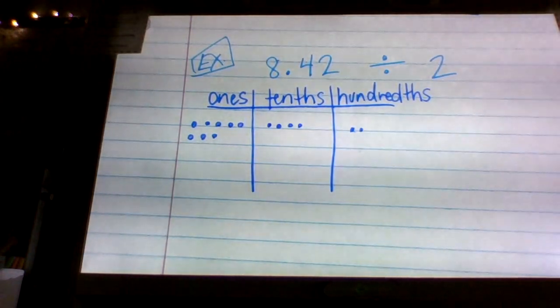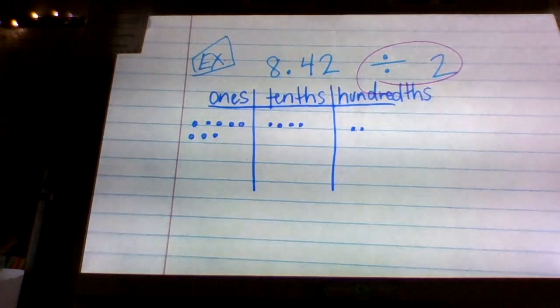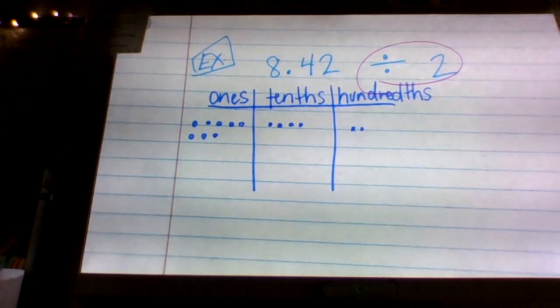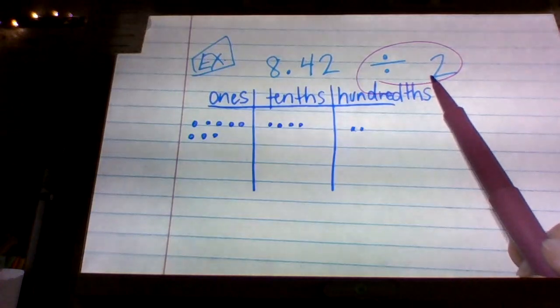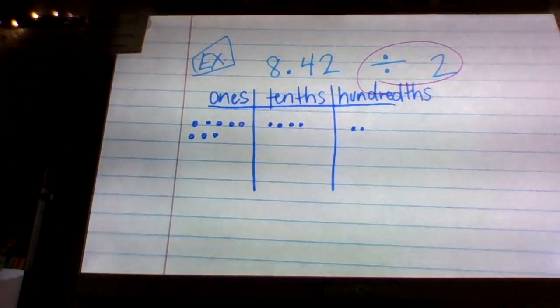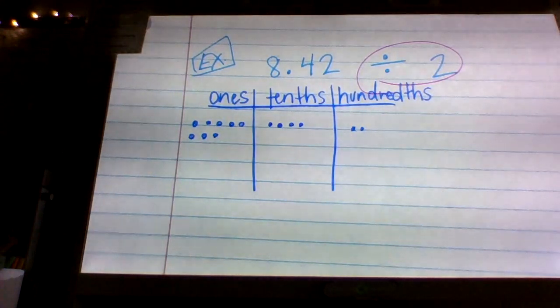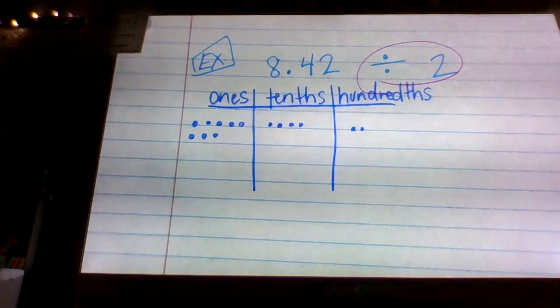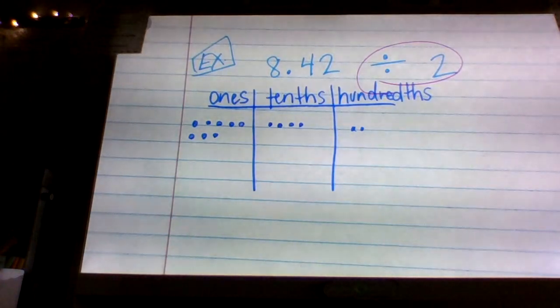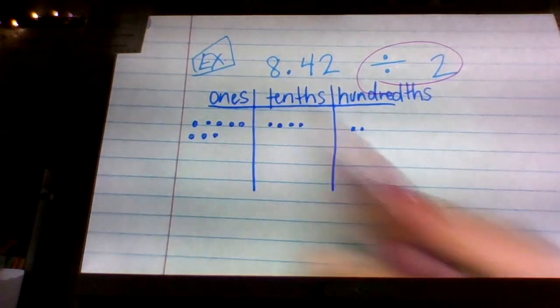Next, my divisor tells me how many equal groups I need to make, or how many will belong to each group. So I'm going to want to make groups of 2, because 2 is my divisor. I always want to start with the largest place value, in this case 8 ones. I'm going to count off by 2s to see how many groups of 2 I can make.